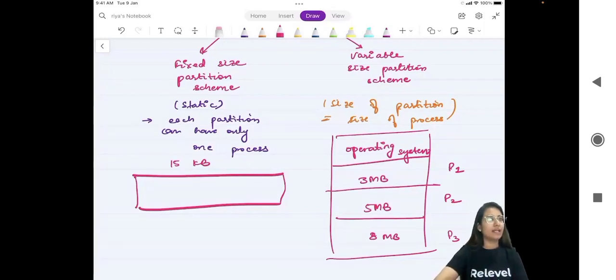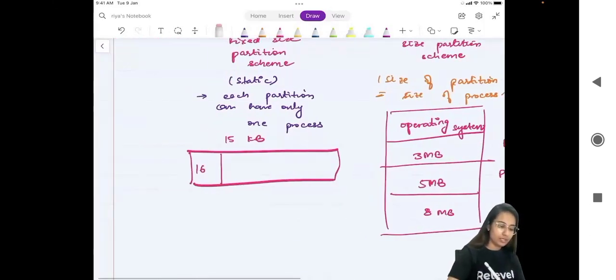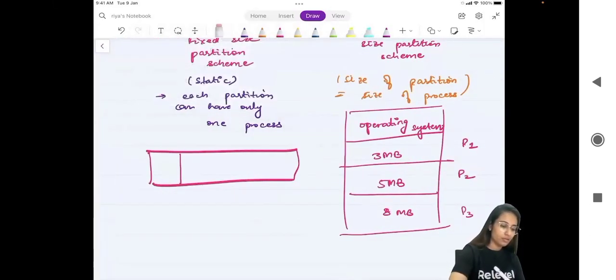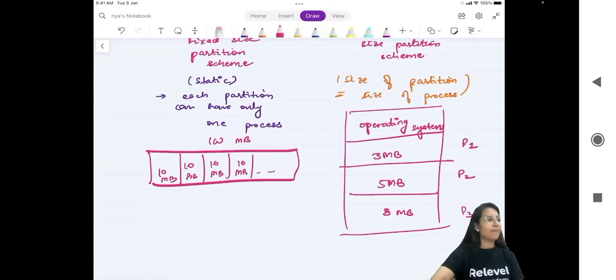Let's say this is 100 MB, and I am making fixed partitions of 10 MB. So there will be a total of 10 partitions. That automatically means the degree of multi-programming is 10 over here. You cannot do multi-programming of more than 10.